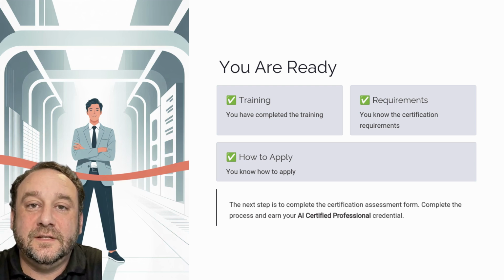You know the standard, you know the steps, and you know the outcome. If you complete the process successfully, you will earn the AI Certified Professional Credential. That credential reflects completion of the program and practical understanding of the material. So now the focus shifts from learning to action. Complete the assessment, submit your response, and take the final step towards certification.